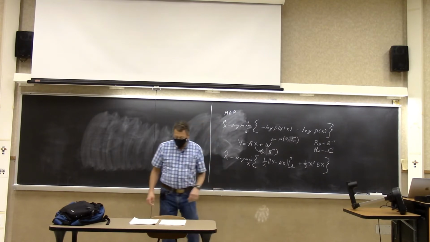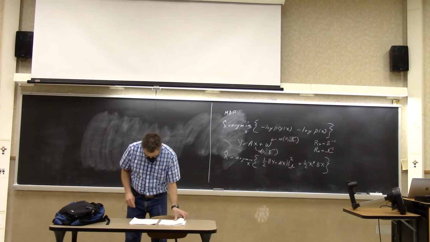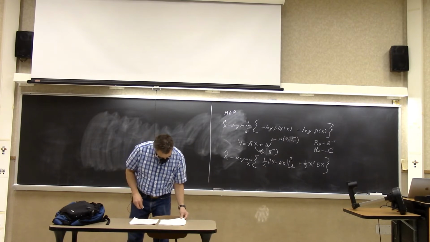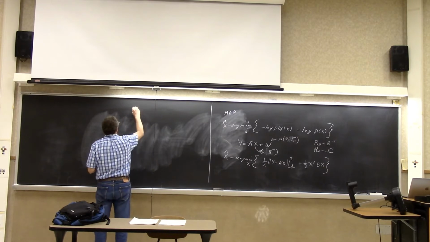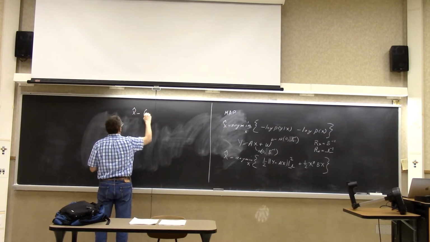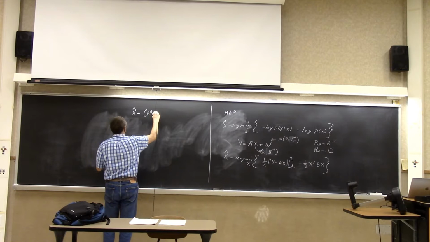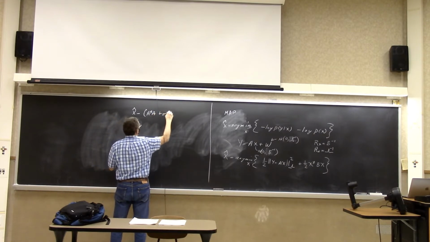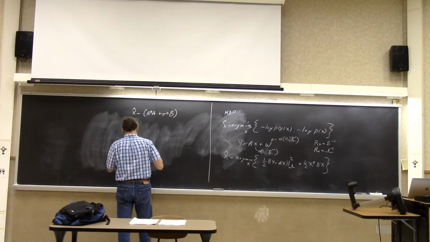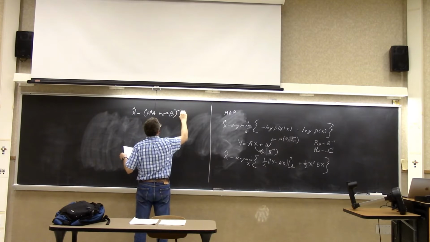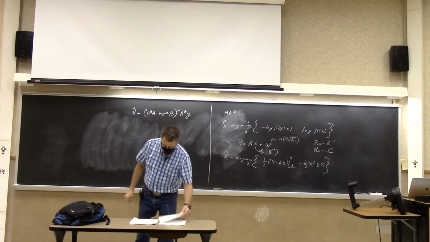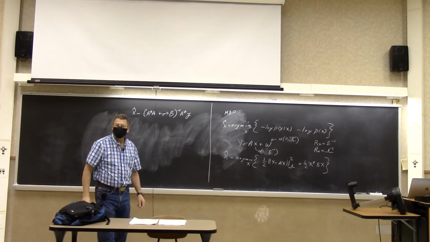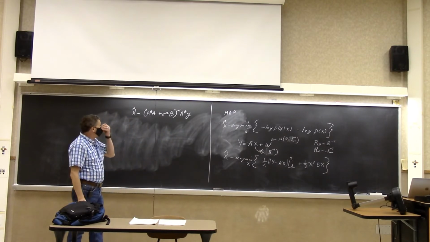And then if you solve the equation, you get that x hat is equal to A transpose A plus sigma squared B, inverse, A transpose times y, right?